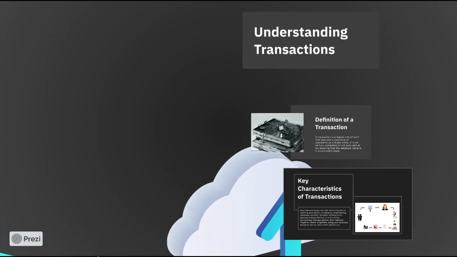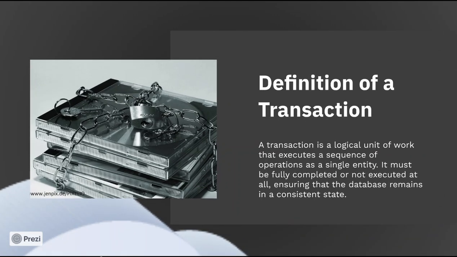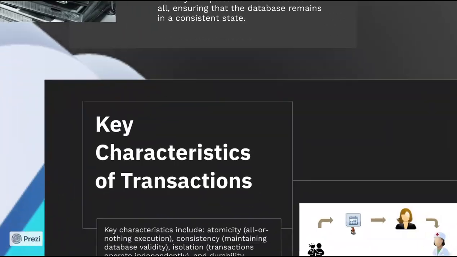Understanding a transaction. A transaction is a logical unit of work that executes a sequence of operations as a single entity. It must be fully completed or not executed at all, ensuring that the database remains in a consistent state.